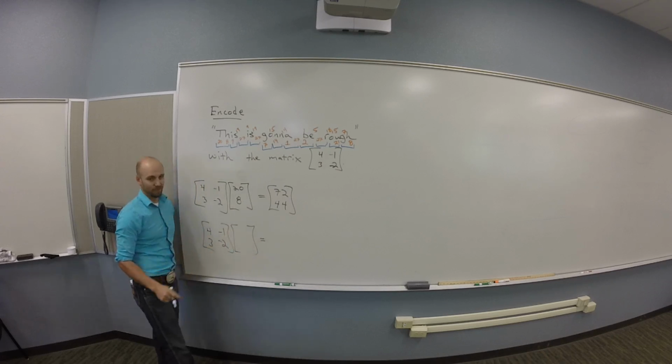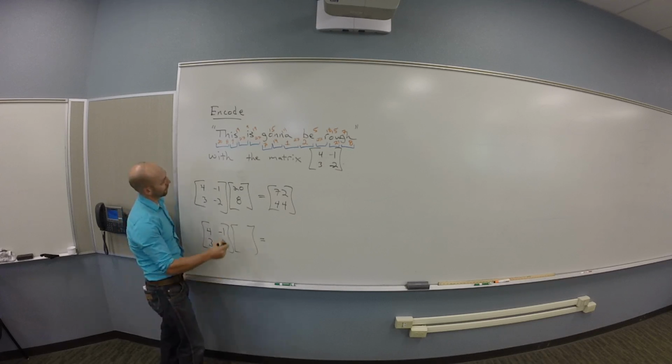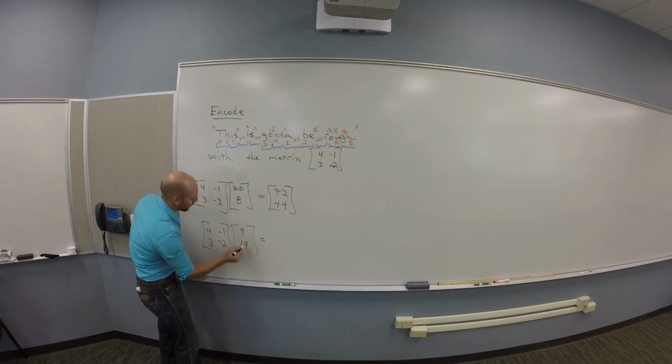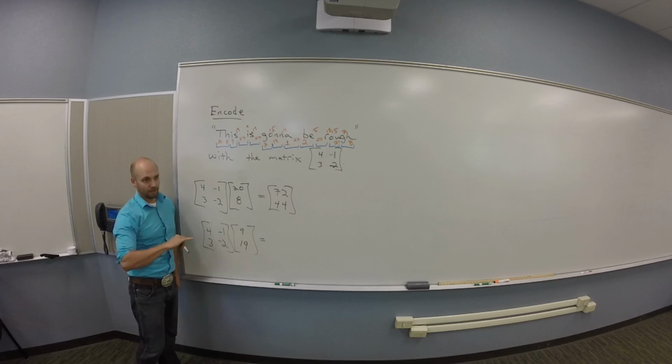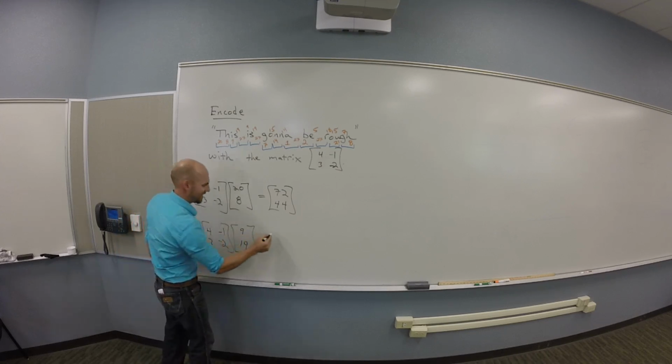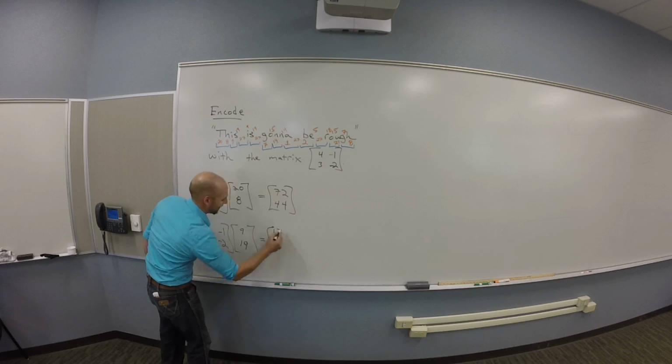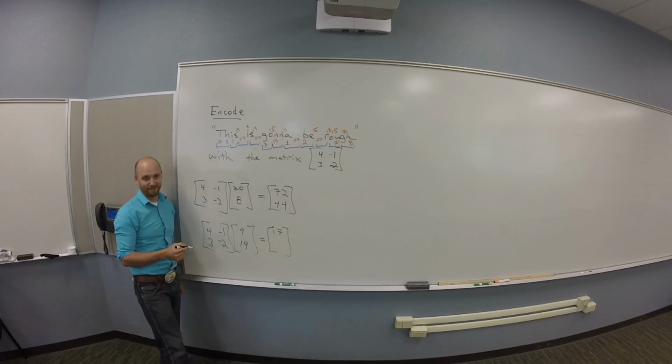So what do you do with this? 9 and 19. This is supposed to be 9 and 19. And so 4 times 9 minus 19 is 17, I think? Let's pretend it's 17.